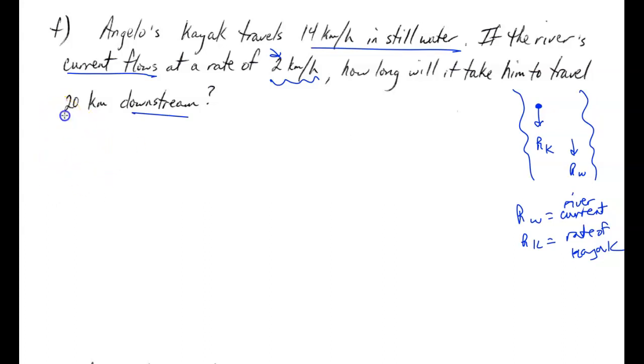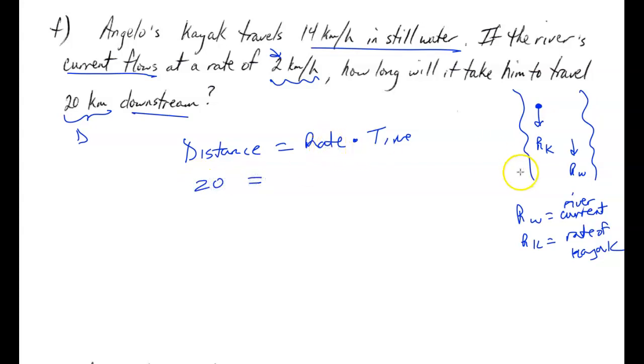We know that our distance here is 20 kilometers. So when we look at this, we know that distance is equal to rate times time. We know that our distance will be 20 kilometers.